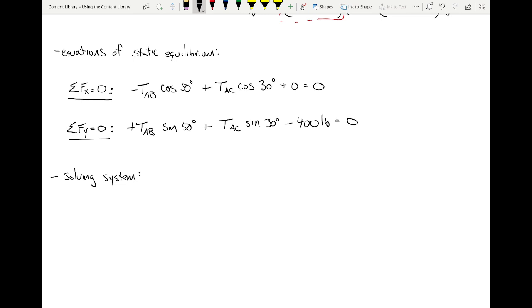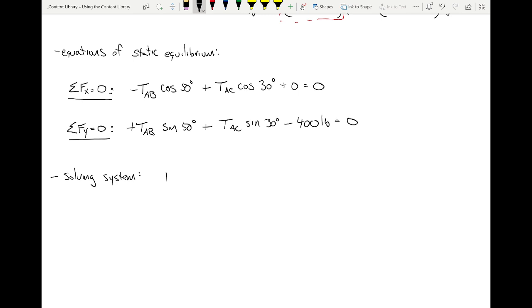Okay? Let's take the first equation. All right. Let's be clear. What are our 2 variables? TAB and TAC, right? So what we're going to do is rewrite this and maintain our order. And you're going to see what I'm doing here in a second. So there's a reason I'm writing it this way.